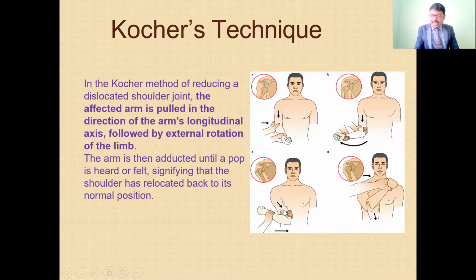After adduction, we maintain the arm in the opposite shoulder position. If you give a sling, or maybe a cuff and collar, in this position, we stabilize the shoulder joint. So this method is called Kocher's technique. This technique also helps to reduce shoulder subluxations.